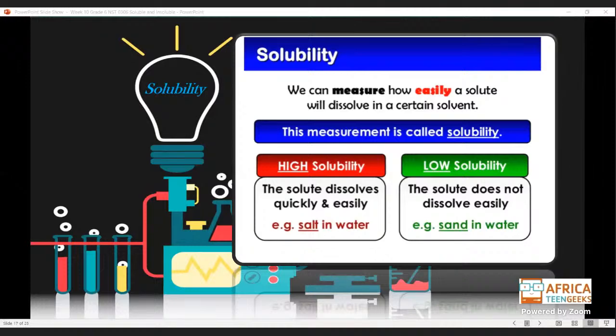All right. So there you have your high solubility and your low solubility and an example in the chat box as well. Okay. So now we're going to go to our next slide.